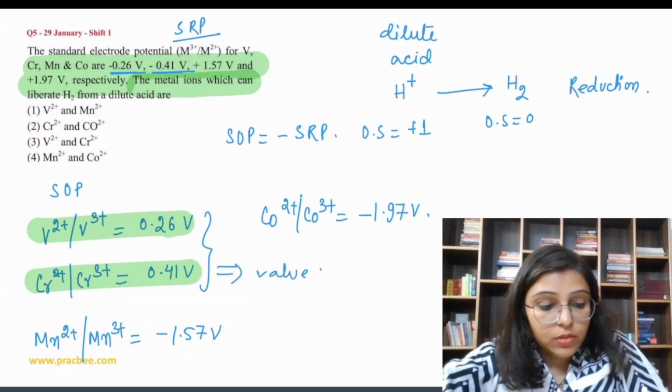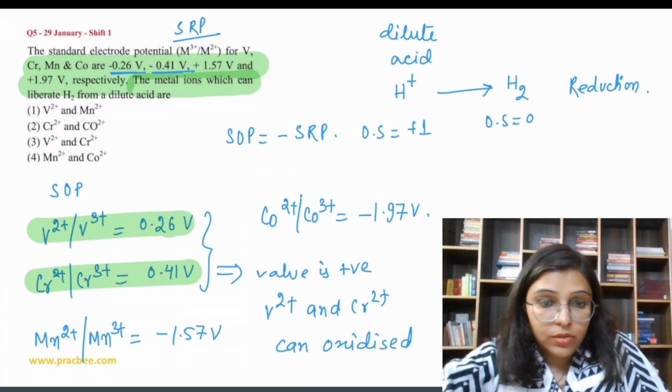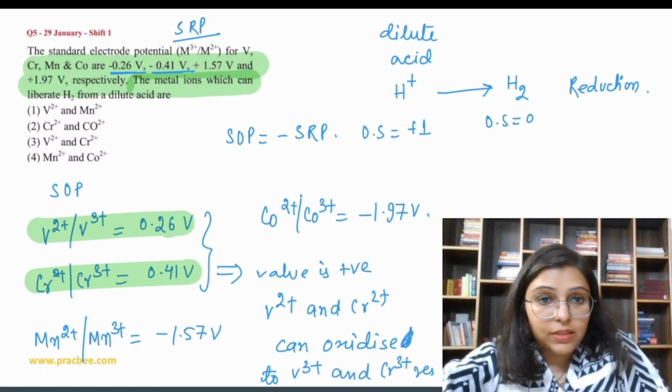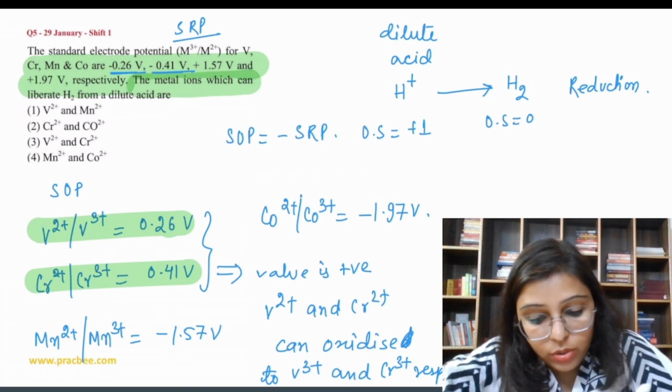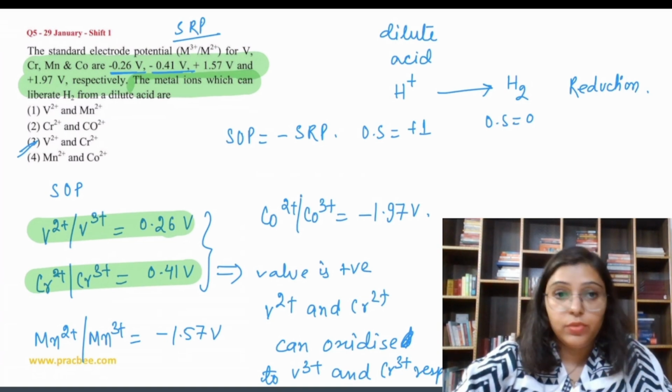Positive value means V2+ and Cr2+ can oxidize to V3+ and Cr3+ respectively. So we have only these two metals. So the answer is going to be option number 3.